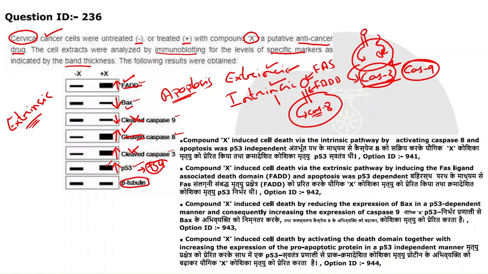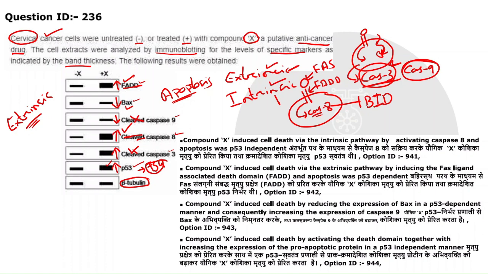What does caspase 8 do? Now see, in this question we have lots of options which describe the detailed pathway. What does caspase 8 do? Caspase 8 in the cell inhibits BID. Okay, BID is inhibited by caspase 8.